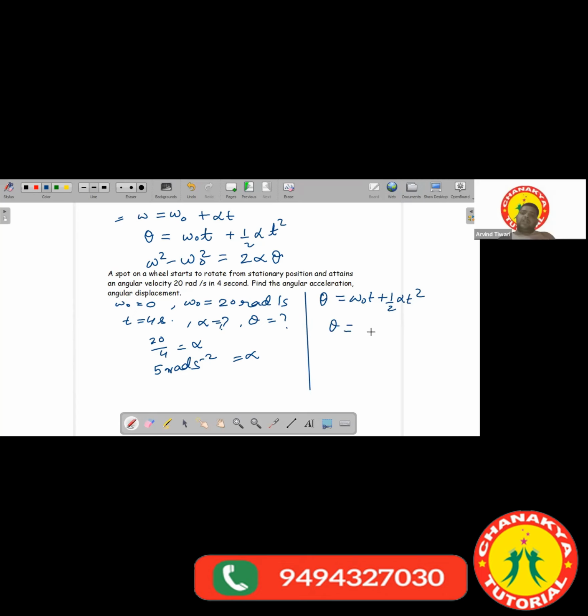Here you'll get theta equals 0 plus 1 by 2 multiply alpha, which is 5, multiply 4 square. So you'll get 1 by 2 multiply 5 multiply 16. Cancel, you get 8. So you get 40 radian. So the angular displacement is equal to 40 radian.